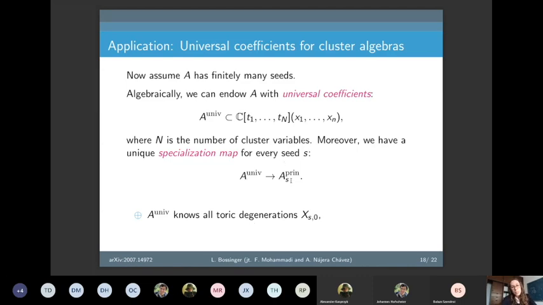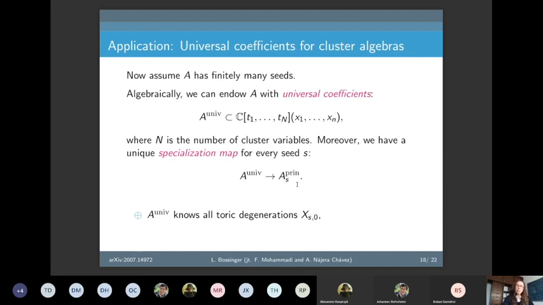So this specialization map, more precisely, just eliminates those t variables that do not correspond to cluster variables in my seed S. Right? So up here the t's correspond to all cluster variables. So in particular, if my seed S, for example, consists of the variables x1 to xn, I can find the corresponding t's in this set of all t's, and the specialization map just keeps those t's and sets all others to 1.